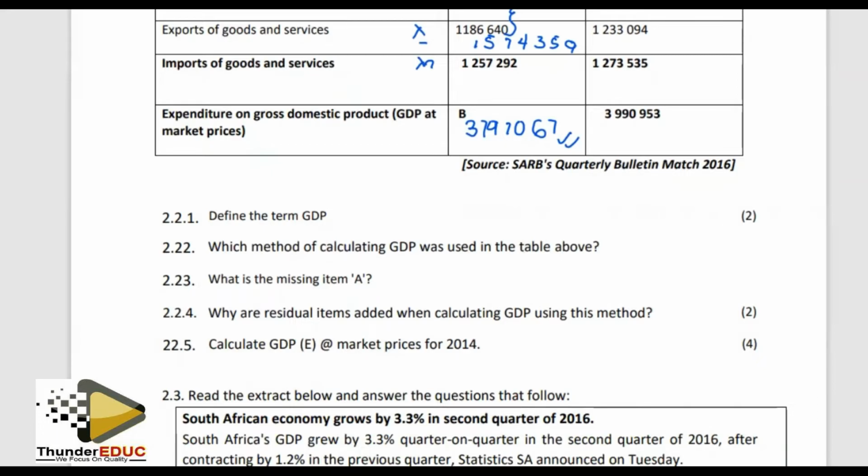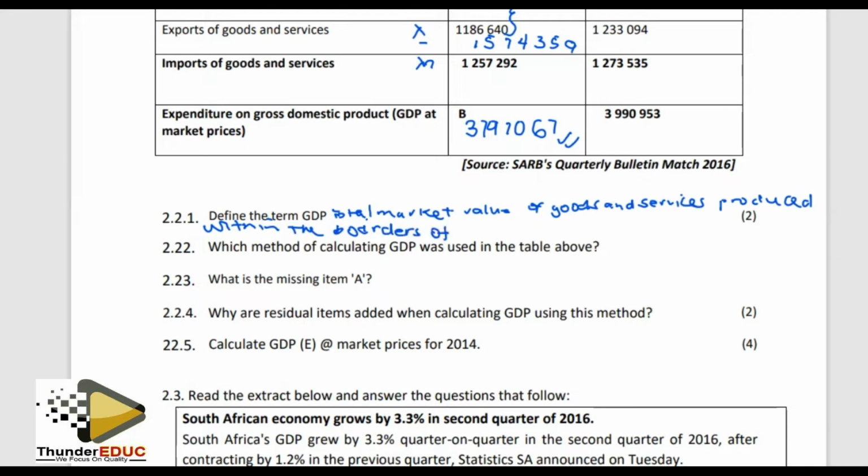Gross domestic product refers to the total market value of goods and services produced within the borders of a country. Actually, the goods must be final.